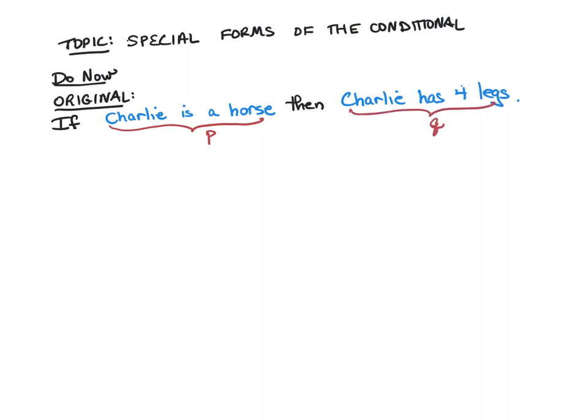Now, one conditional that we can form is to flip the antecedent and consequent and write, if Charlie has four legs, then Charlie is a horse.